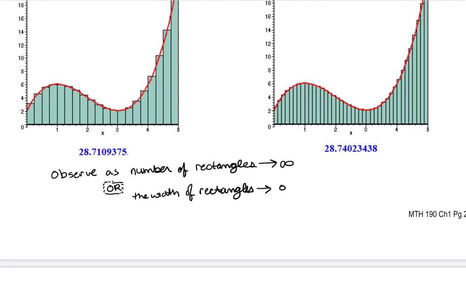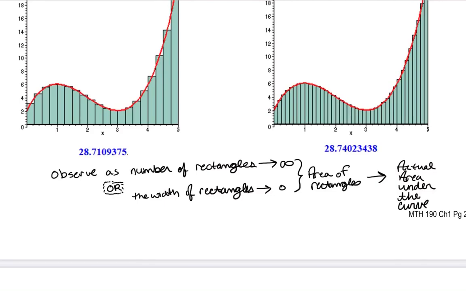What we're noticing here is that in that situation, the area of these rectangles is approaching the actual area under the curve. And so these two ideas both rely on this limit idea.